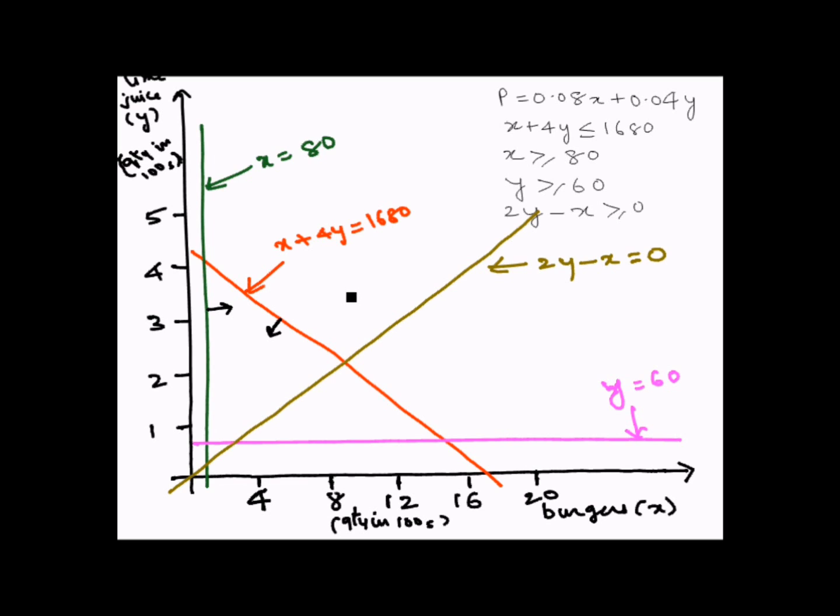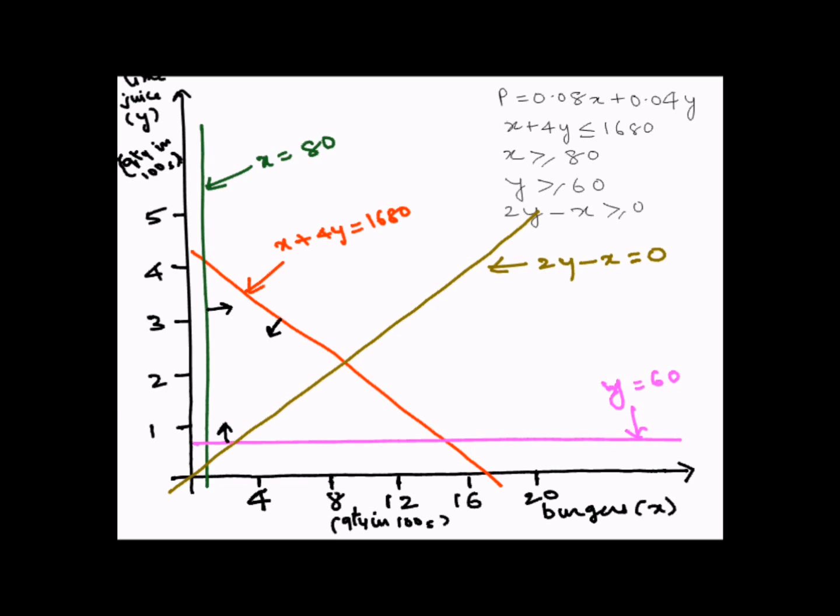Third is y is greater than or equal to 60. So this is the line, and y is greater than or equal to 60 means in the upward direction. So this is the direction. And fourth is the equation 2y minus x is greater than or equal to 0.